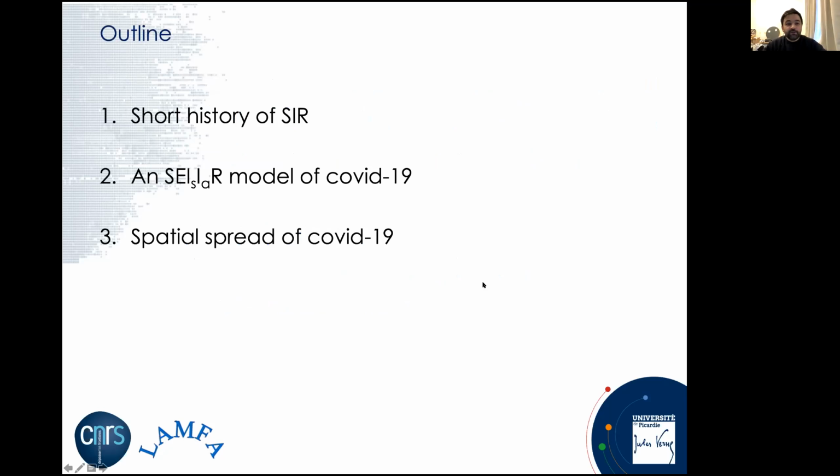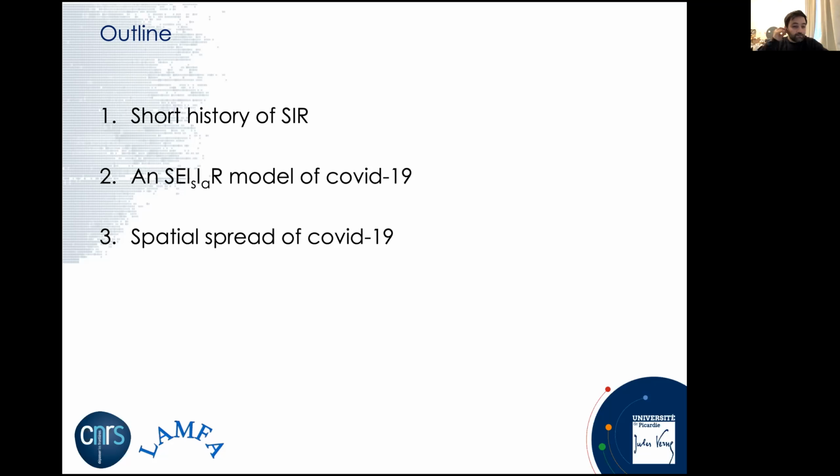Okay. So before talking really about COVID-19, I will do a short history about the SIR model. Maybe many of you have heard the story, but it's good to remind you where the SIR model comes from, because what was done in the beginning of the 20th century is always used today.